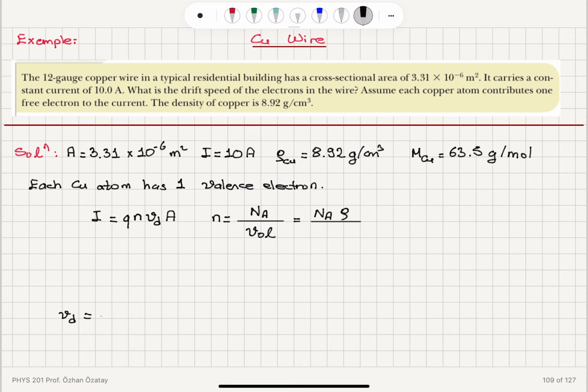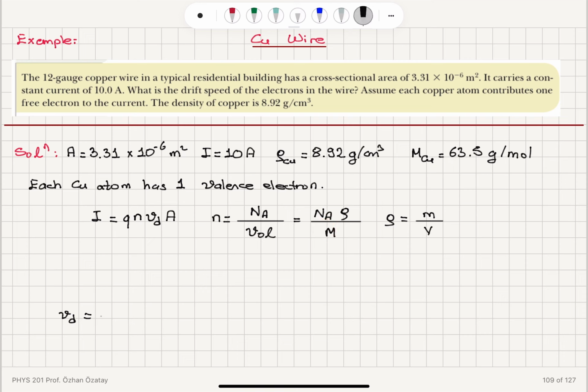Avogadro's number of copper atoms and Avogadro's number of valence electrons multiplied by density. Now density is mass per volume, so since Avogadro's number of atoms will be 1 mole, if I multiply volume with the density, I will obtain the molecular mass, capital M. So I multiplied the volume with density, I will obtain mass of 1 mole of copper atoms.